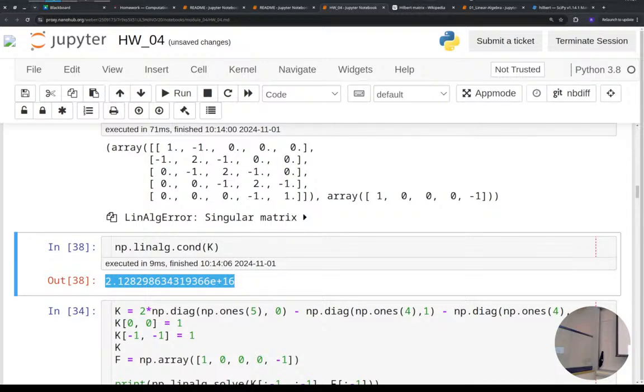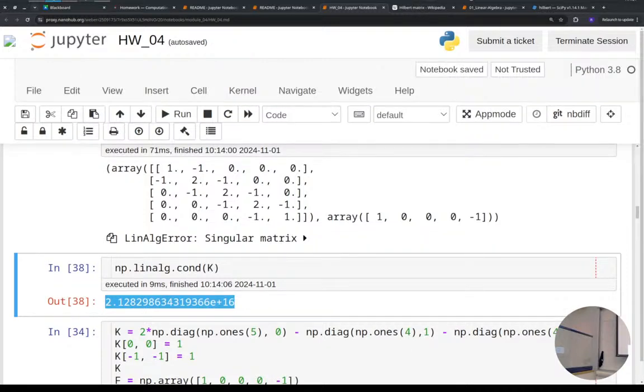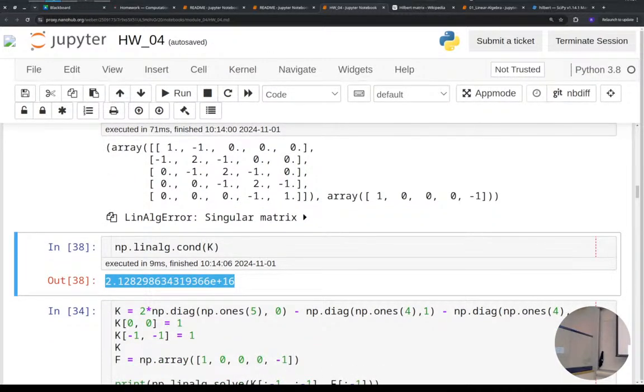The formal definition is the norm of K times the norm of its inverse.